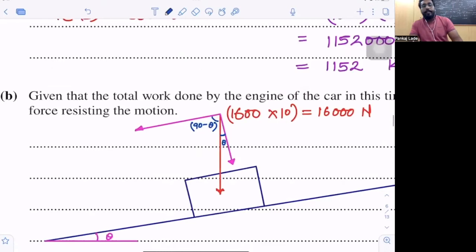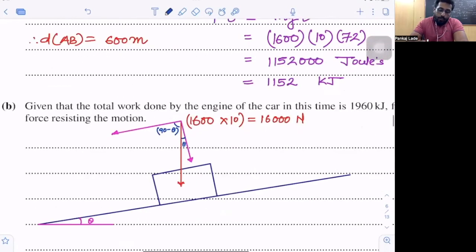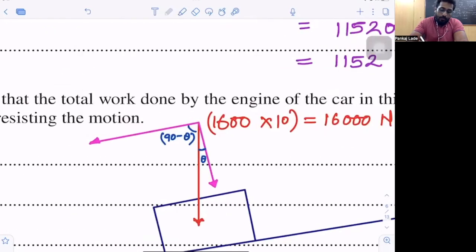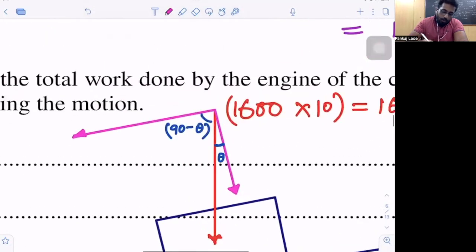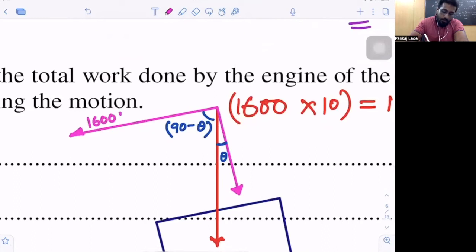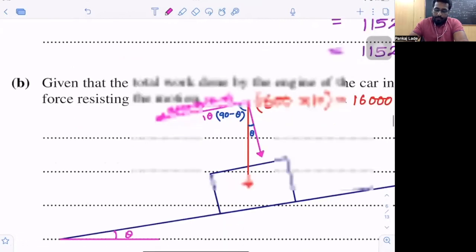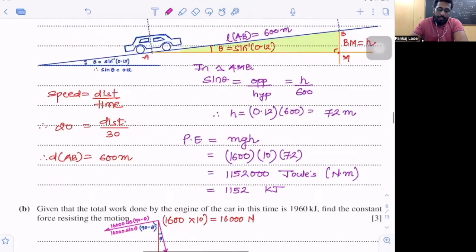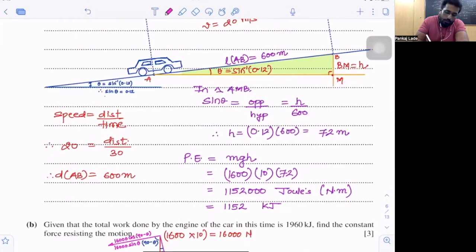So if I take the horizontal component, it is always the cos component. So I can write over here, this horizontal component is 16,000 cos(90 minus theta). But I know cos(90 minus theta) is sine theta. So this comes out to be 16,000 sine theta. And what's the value of sine theta? If you recall, sine theta was 0.12, right?